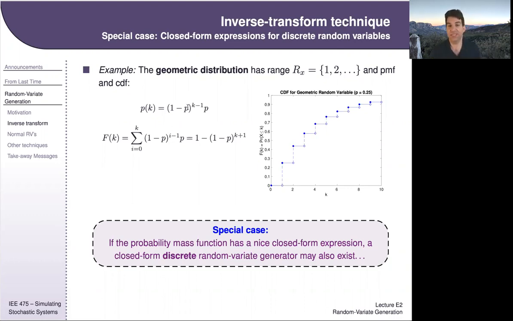And just like with an exponential, we have a formula for the way its probability is distributed. And so with a geometric distribution, we have a probability mass function in a formula here. And so because of that, we also have a formula for the CDF, and it should not be surprising that it looks similar to an exponential CDF.